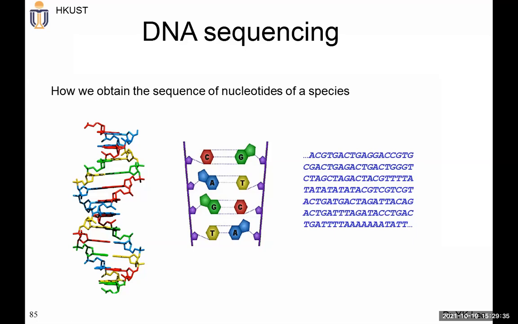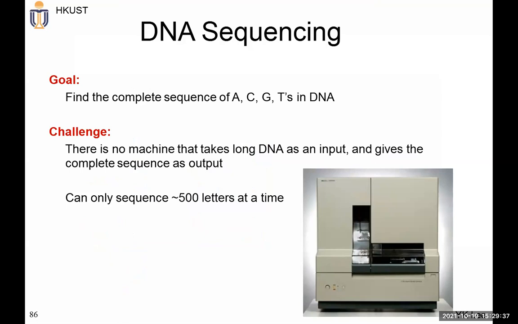How can we do DNA sequencing? Our goal is clear: how can we do the complete sequencing of DNA molecules, to get all the A, T, C, G? But the traditional way is very time consuming.